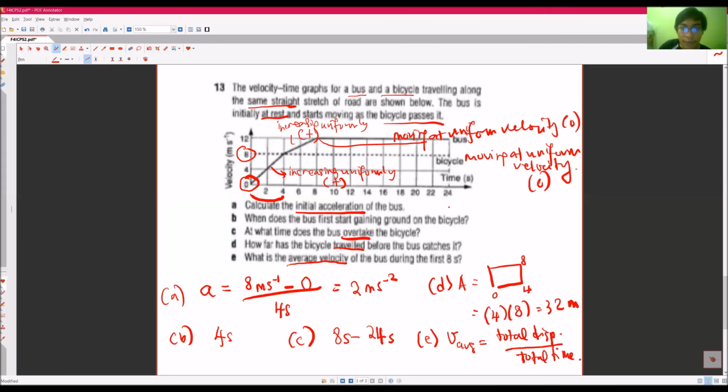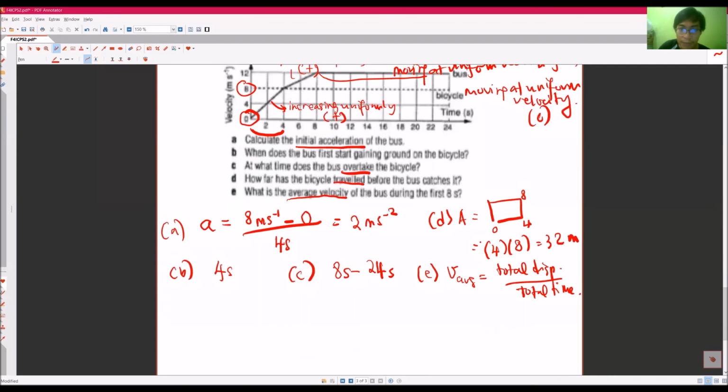So we have to find the displacement first for the first 8 seconds. Basically, it has a shape like this. It has a triangle and a trapezium, so we can split it into two areas. 0, 4, 8, and then the height is 8, 12.